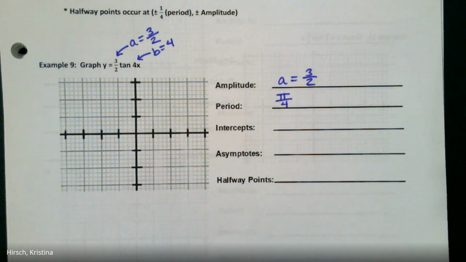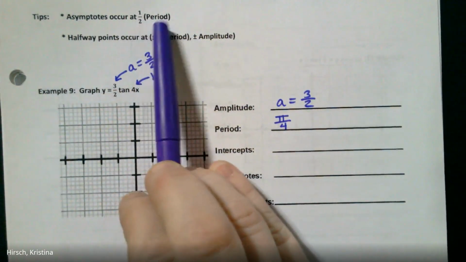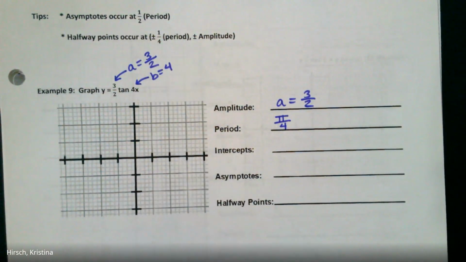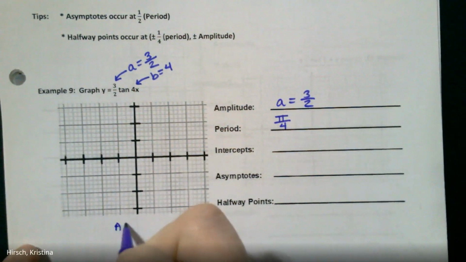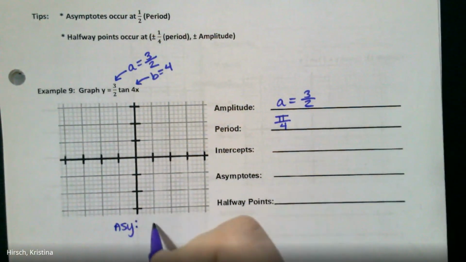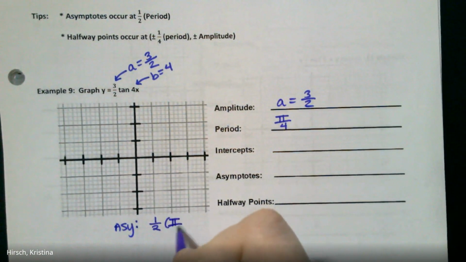All right. So since our period is pi over 4, remember the asymptotes occur at 1/2 of your period. Okay. So plus and minus 1/2 of your period. So for my asymptotes, I'm going to have 1/2 of my period, which is pi over 4.